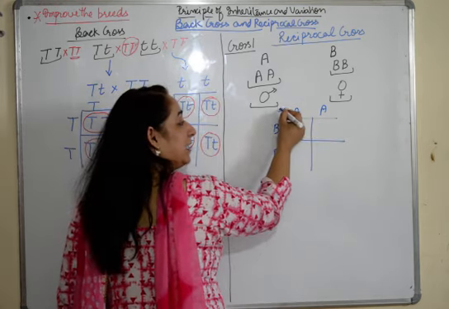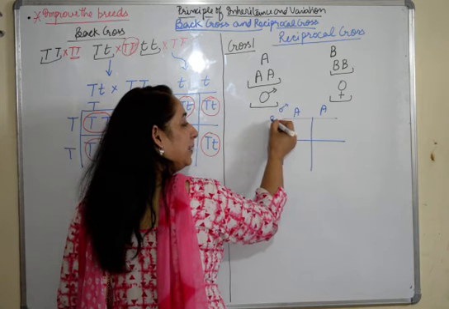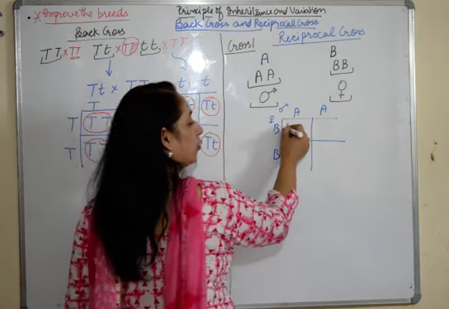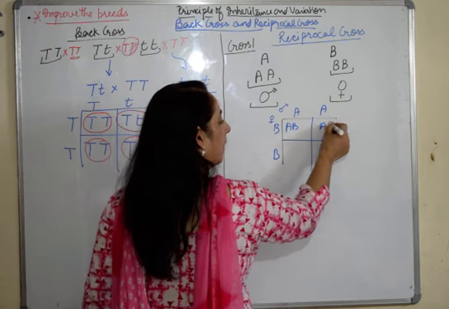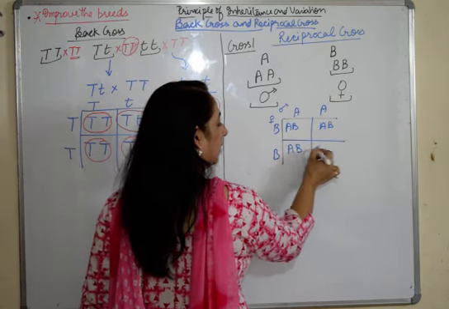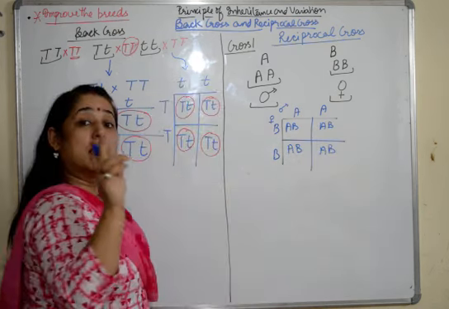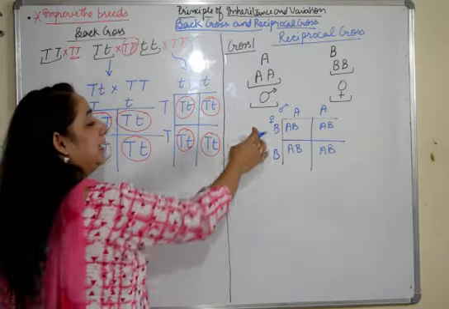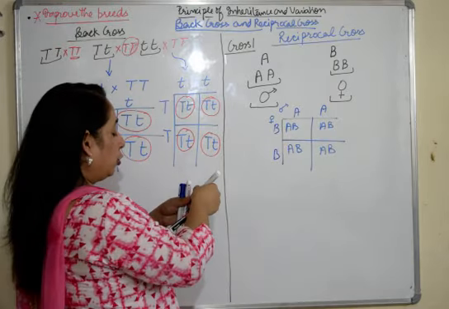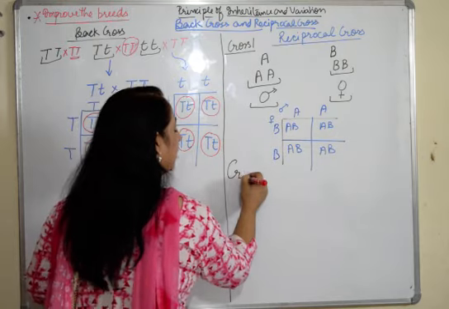In the AA, these are the males, male gametes, and these are the females. So we get AB everywhere. The only thing which we have kept in mind is the gametes.